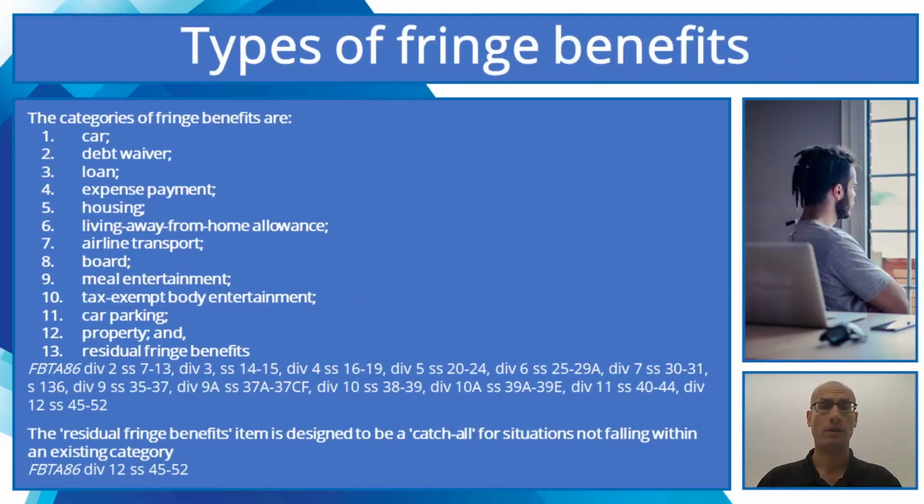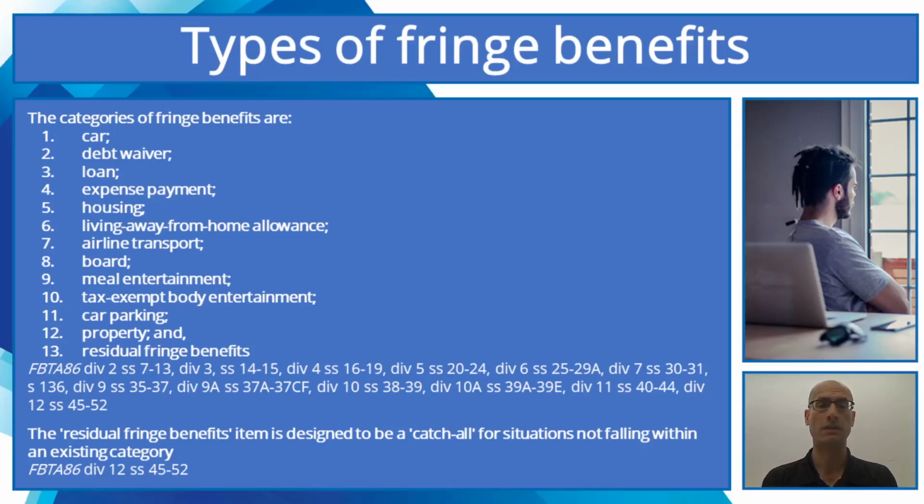Now I'm going to have a brief chat about the different types of fringe benefits. There are lots of them, and they form 12 categories, with the 13th being essentially a catch-all, which is the residual fringe benefits category.